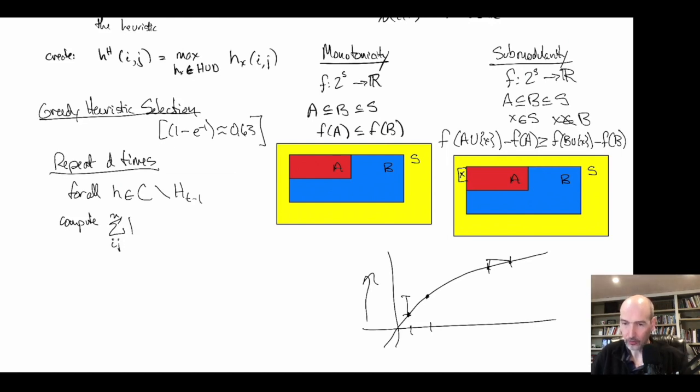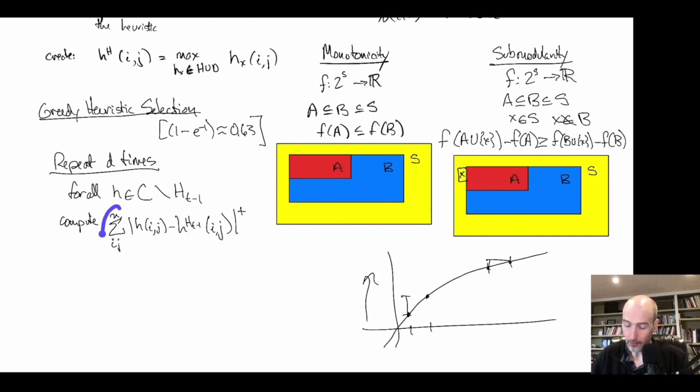It looks like this: h of ij minus h of H, being my set at t minus 1, of ij. And I'm using this plus operator here. This isn't the absolute value, but these two pieces with a plus on them are saying take how much more information this heuristic gives me than the heuristic that I had before.